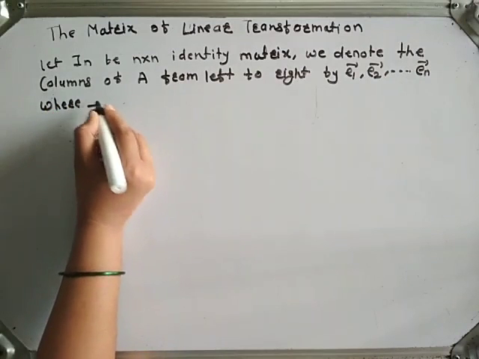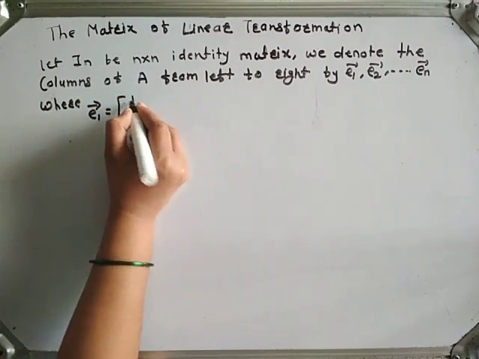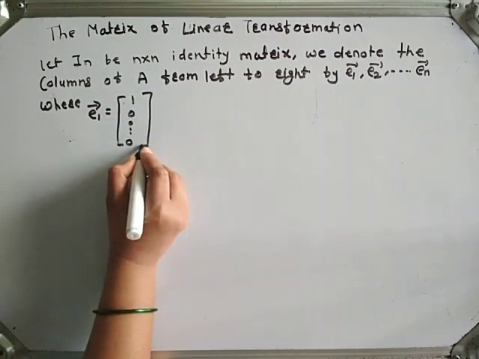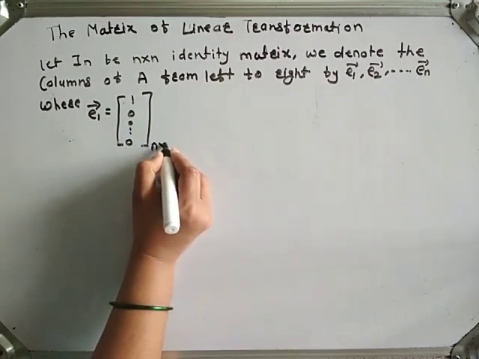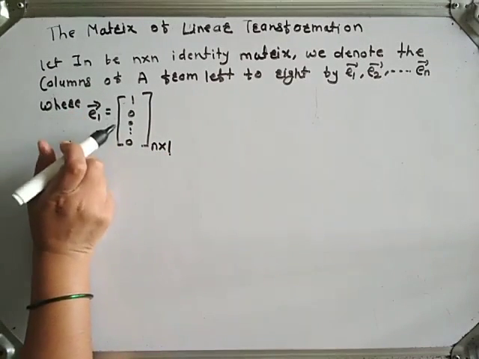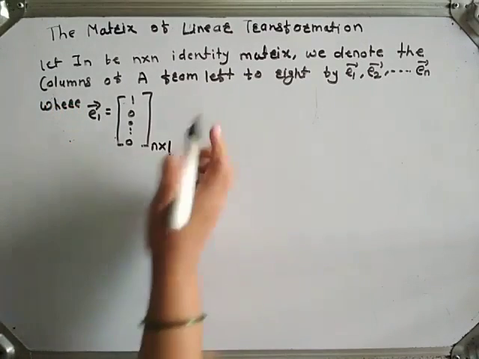E1 bar is equal to matrix 1 0 0 and so on up to 0, and the dimension of this matrix is n by 1 because it contains n rows and only one column.